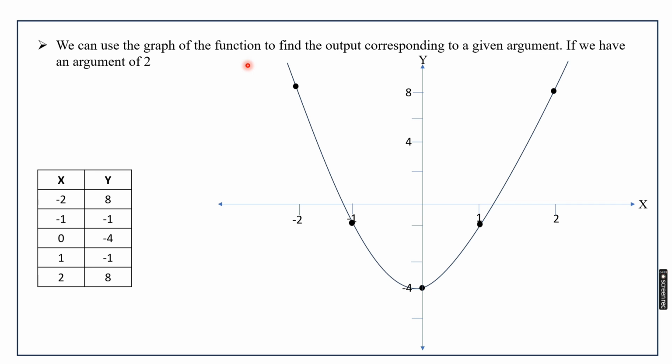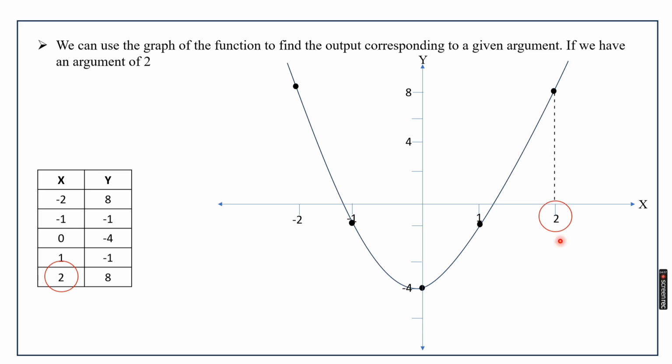So we can use the graph of the function to find the output corresponding to a given argument. If you have an argument of 2, which is a value in our set of x, we can get the value of y by using the graph.